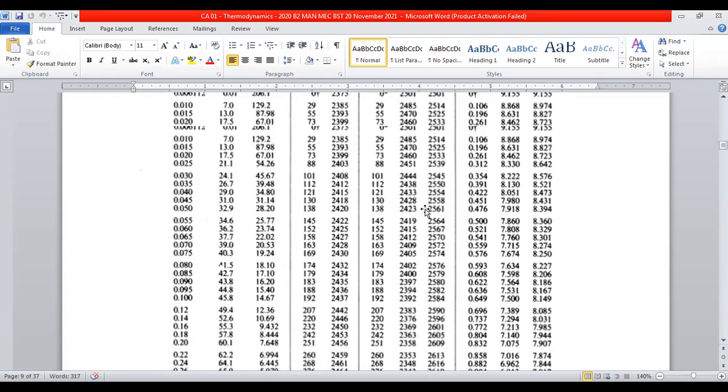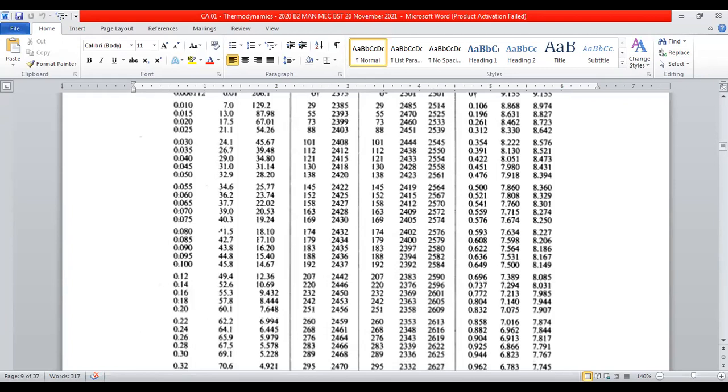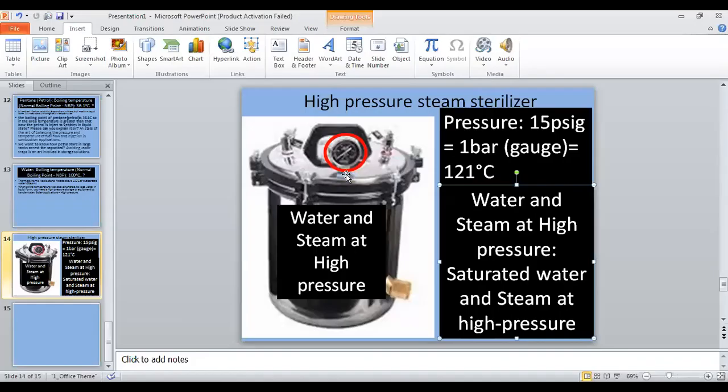So I mentioned to you that the sterilization temperature is 1 bar, and I just guessed this as 121. So let's say how this is possible. Okay, so you are going to learn something good.